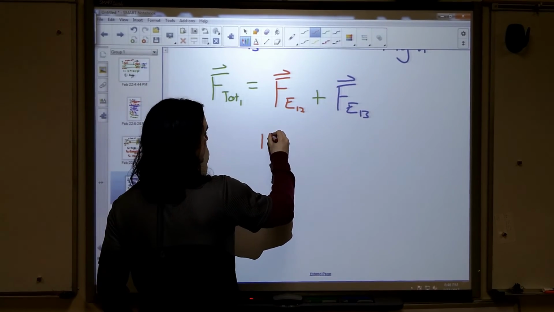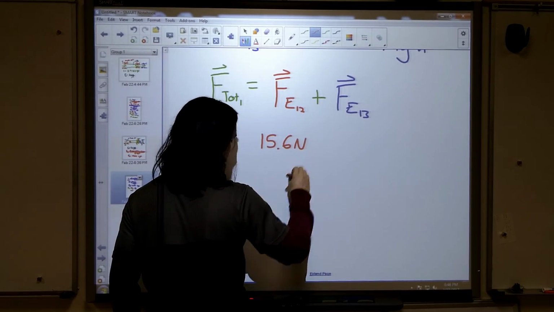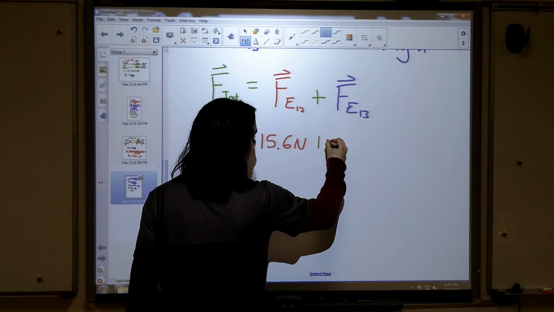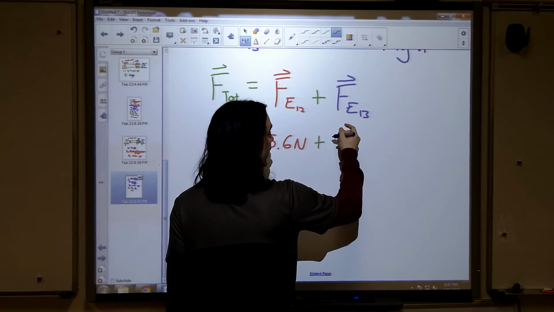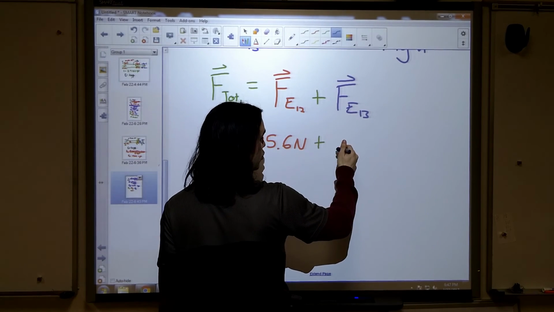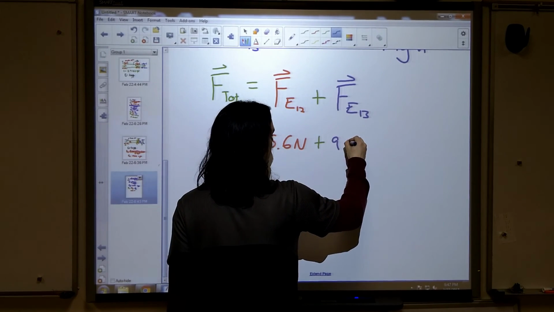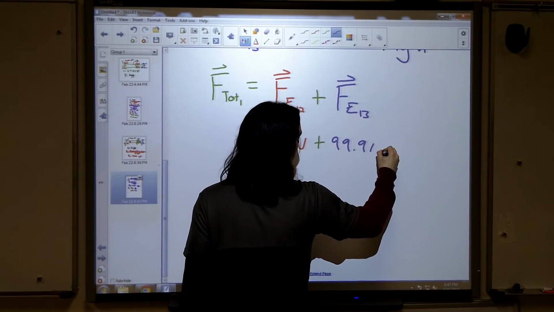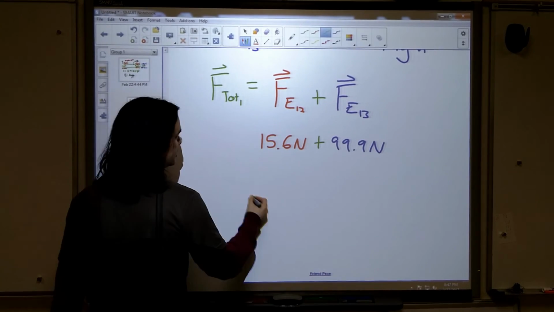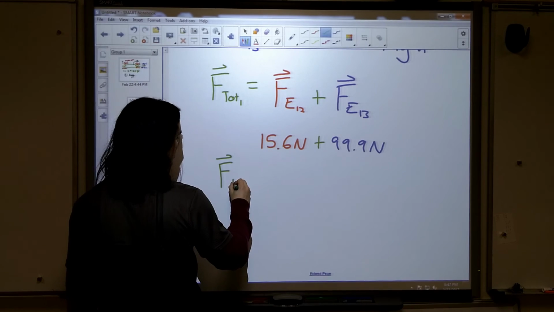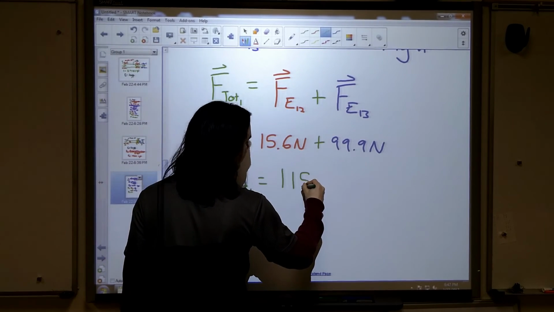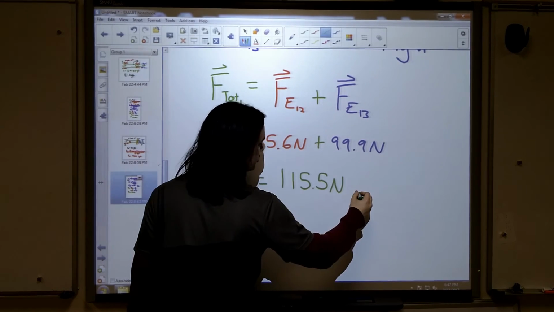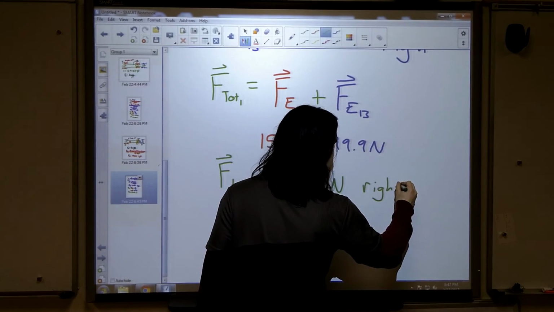So this is going to be positive 15.6 newtons plus a positive, because it's pointed to the right, at least for the force on charge 1, and that is 99.9 newtons. That means that I end up with a total force of 115.5 newtons to the right.